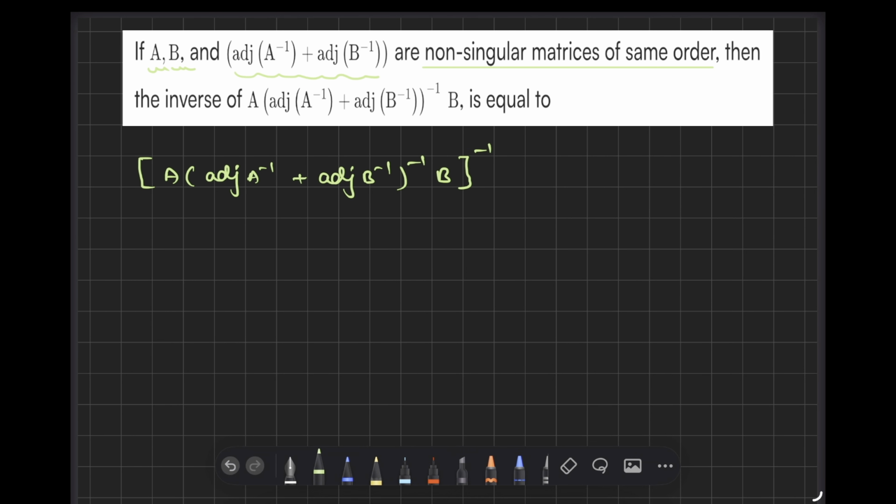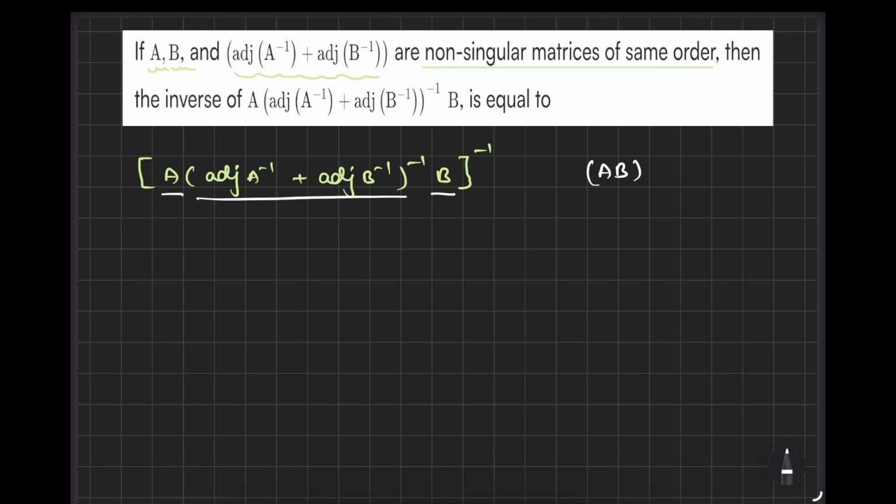So first try to understand this property. Suppose you have AB, meaning things are in product, like first matrix, second matrix, third matrix. You need to find the inverse, so here you have to change the order.